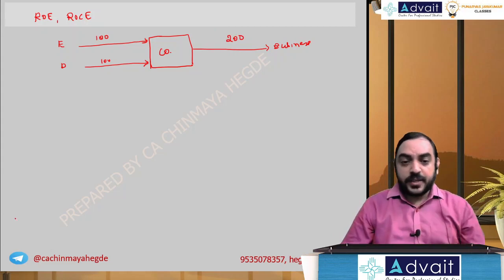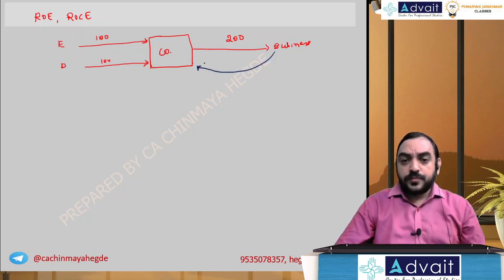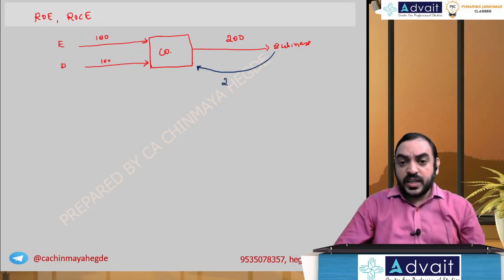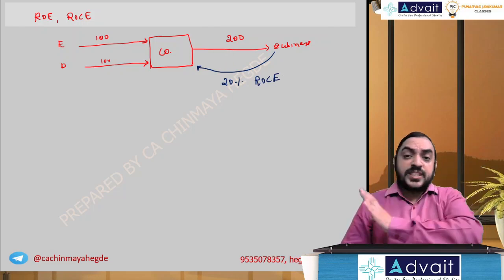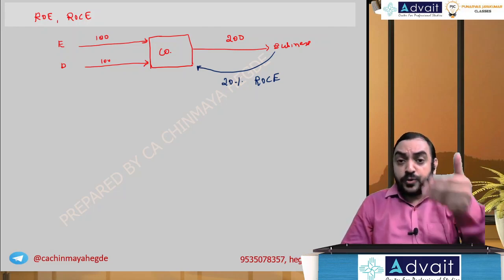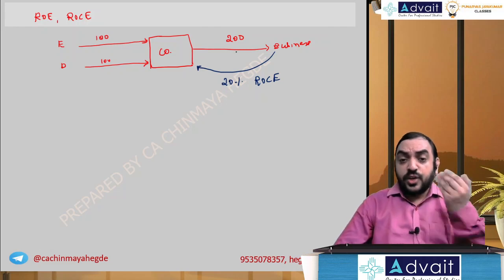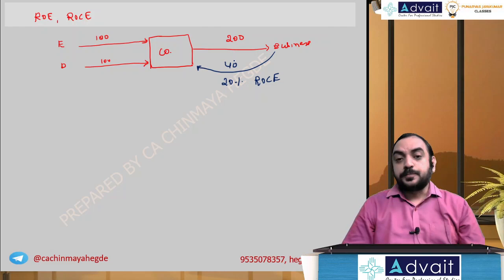This is their investment. Now let's say the business gave you a return of 20%. The 20% is called ROCE. From the business, how much you generate, irrespective of capital structure, is called return on capital employed. From your business, you employed 200 rupees and you generate 20%. 20% on 200 means you will get 40 rupees.